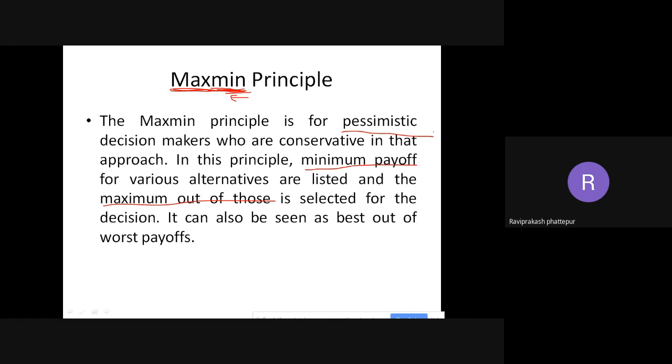So in the minimum part, being pessimistic, we focus on the bad outcomes only. Out of the minimums we have to find the maximum. That is what this principle states.